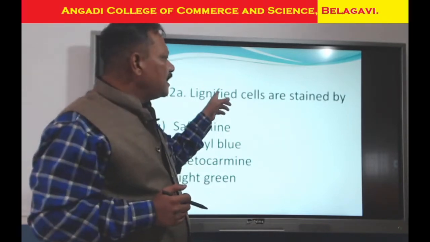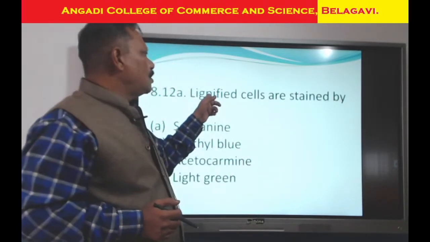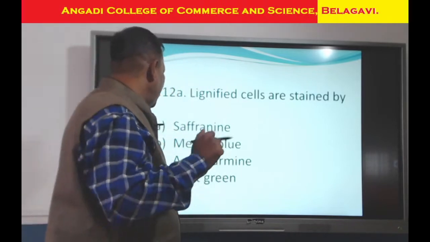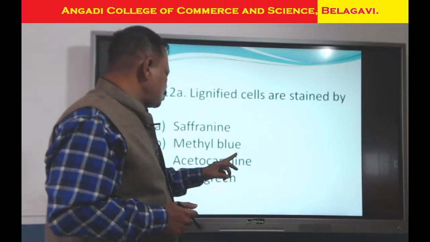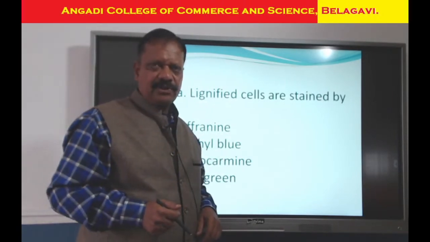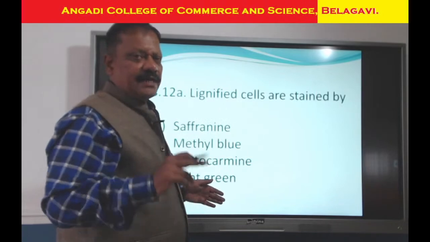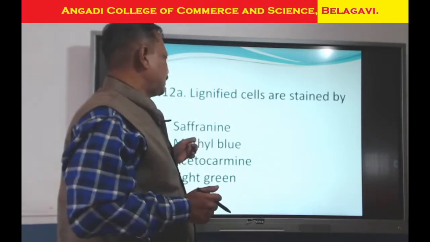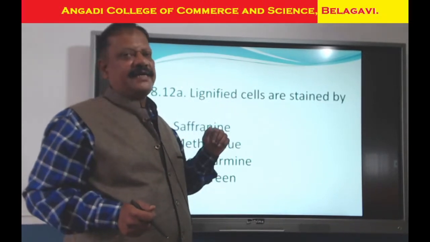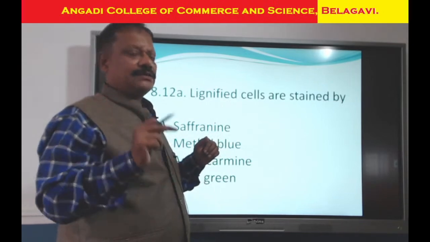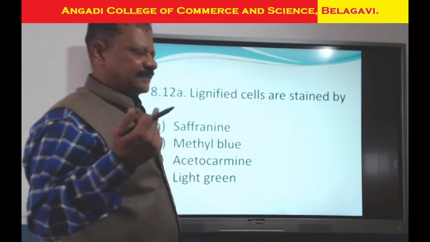The options are safranin, methyl blue, acetocarmine, light green. In cytological staining, you use all these stains. Here safranin is the right answer. Safranin actually stains the lignified cells, that is, the cell wall. So option A is the correct one. We'll move to the next.